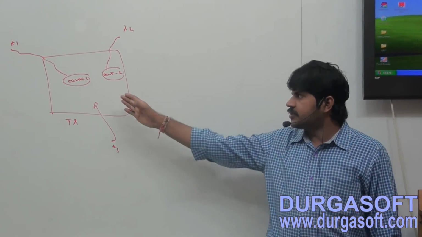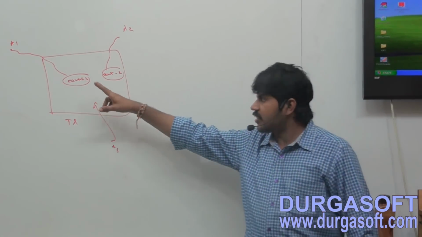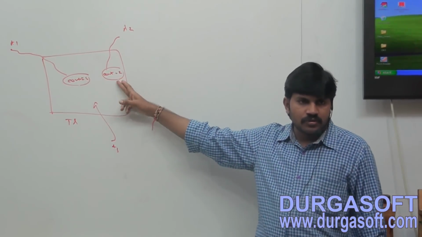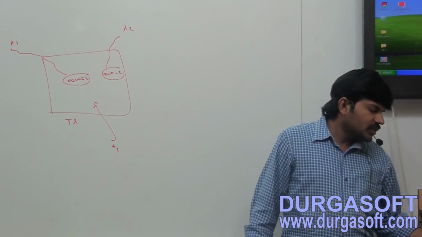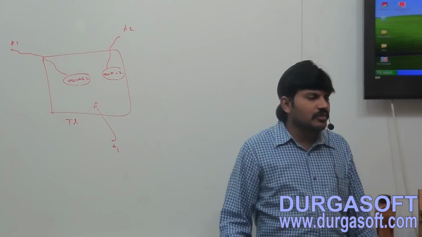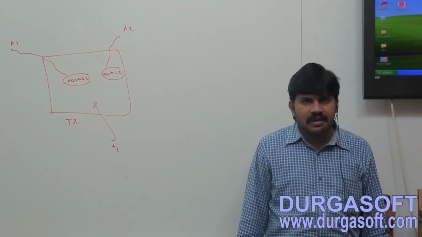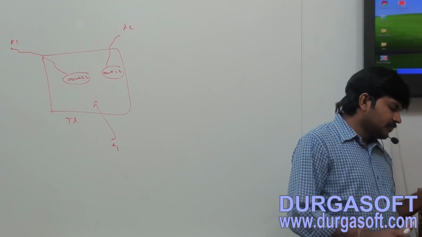T1 can access its count value, so T1's count value cannot be accessed by T2, or T2's count value cannot be accessed by T3.